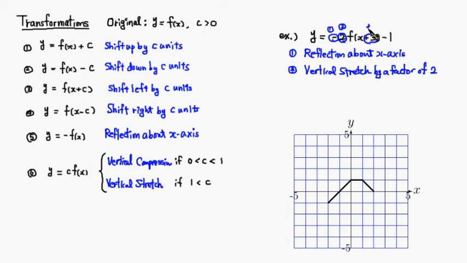So this is going to be our third transformation. So 3. Right, since this is inside the parentheses, it's going to be a horizontal shift. And its direction is counterintuitive. Adding 3 actually shifts to the left. So it's going to shift left by 3 units.